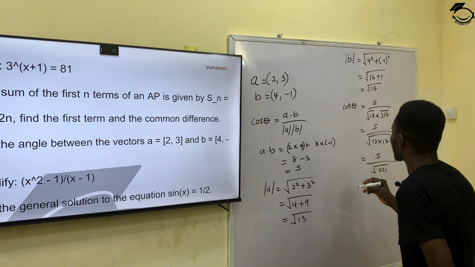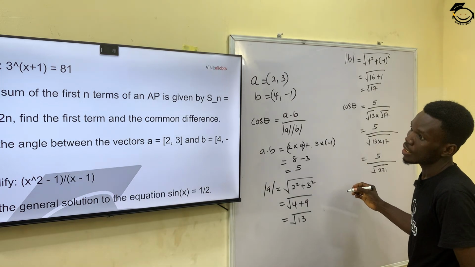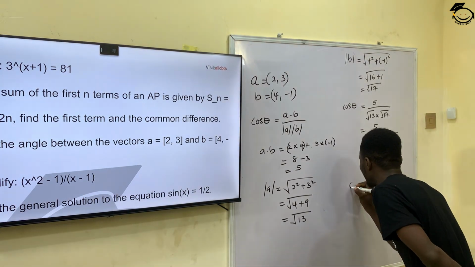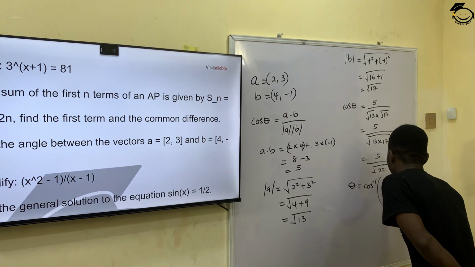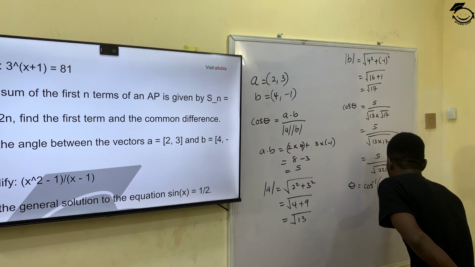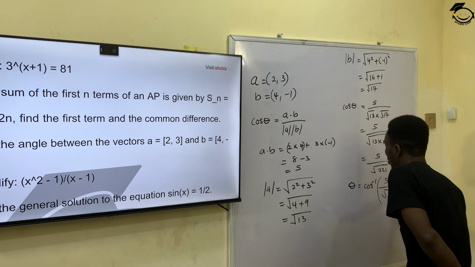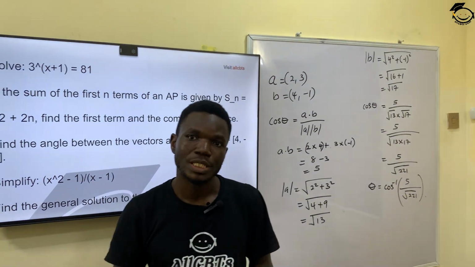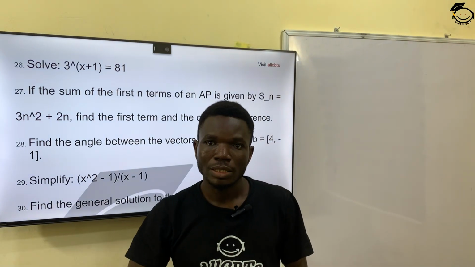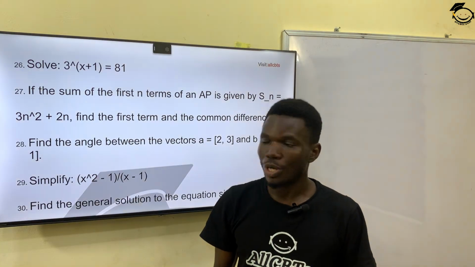So that is cos theta, but the question is not to find cos theta. Instead, it says to find the angle. It means that my theta is equal to cos inverse of 5 over the square root of 221. So this will become my final answer for question number 28.